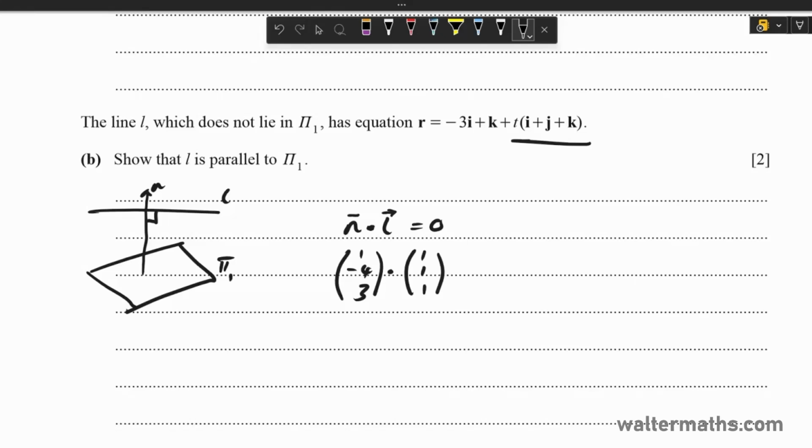So we want to prove if it is equal to 0 or not. So that's 1 times 1 plus minus 4 times 1 plus 3 times 1, which is 1 minus 4 plus 3. 1 minus 4 is minus 3, and minus 3 plus 3 is 0. So that's how we show that the line is parallel to the plane.